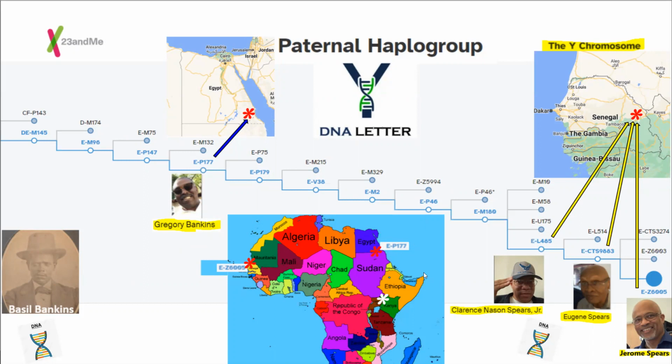On the Spears side of my family, we were able to use my brother, myself, and another Spears cousin to map back to our John Allen Spears, who predates us by several generations. And that haplogroup information takes us back into Senegal with the various hits that we're getting on these Spears hits. So we're able to successfully use Y-DNA to go back very, very far in time to get some idea of what might be going on in people's past.